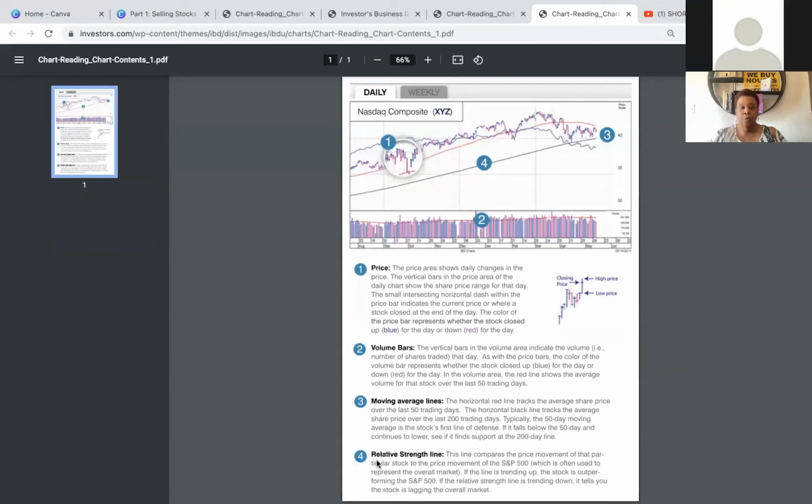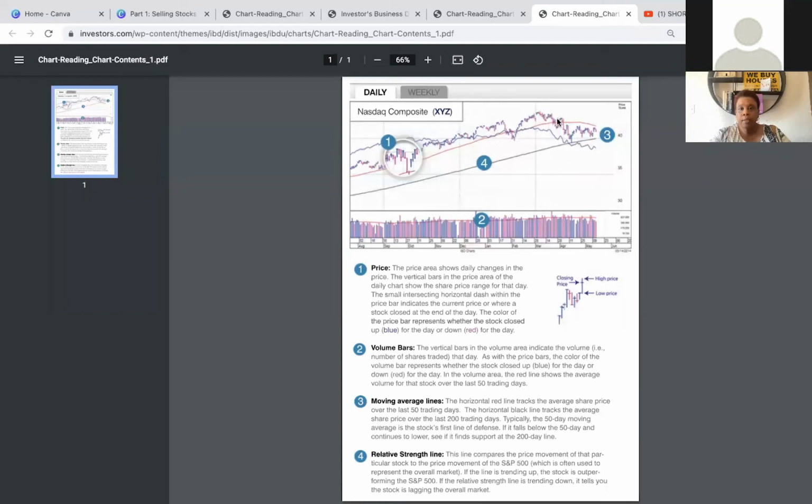And then number four is the line that compares the price movement of that particular stock to the price movement of the S&P 500. So you see the S&P 500 is on the rise, and you can see where this line has fallen. Well, this one is the 200-day.